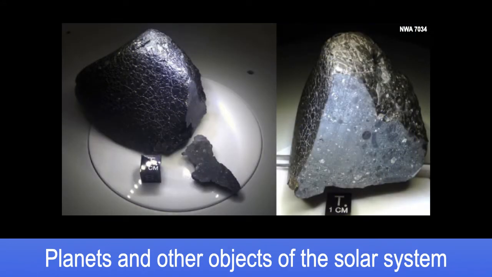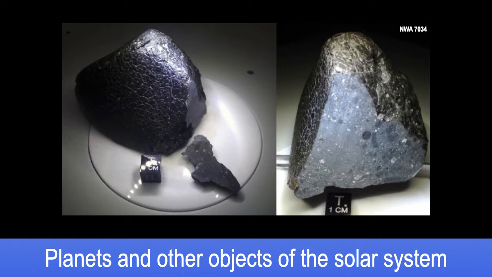Here's a source of excellent information about the solar system: meteorites, the ones that fall to Earth. This one's called NWA 7034. NWA means Northwest Africa. Somebody found it somewhere in the Sahara Desert.